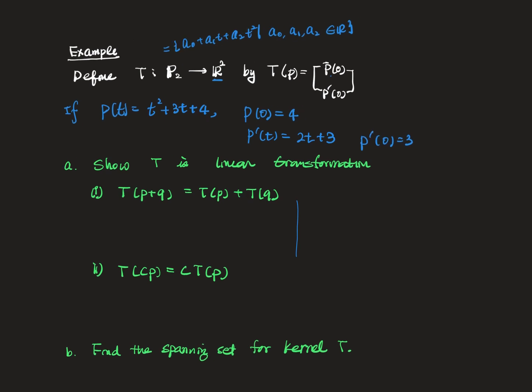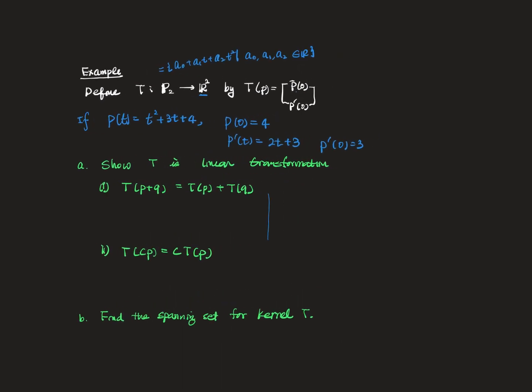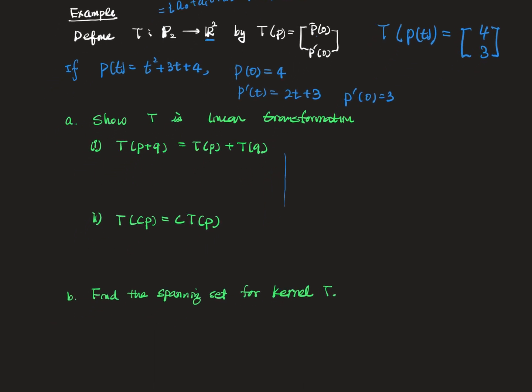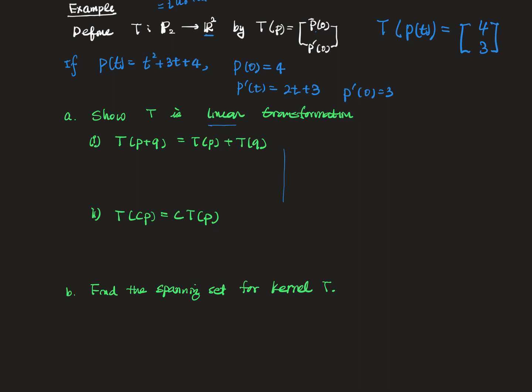So by the definition of the transformation T, T of P is 4 and 3. That's how they find the transformation here, right? Then we want to prove that this is a linear transformation.